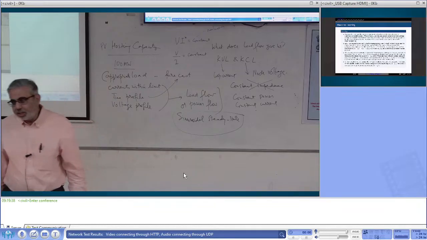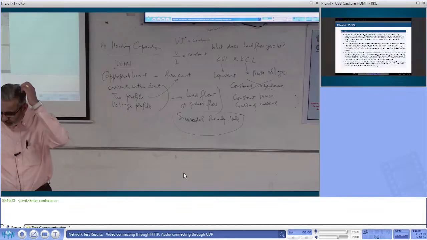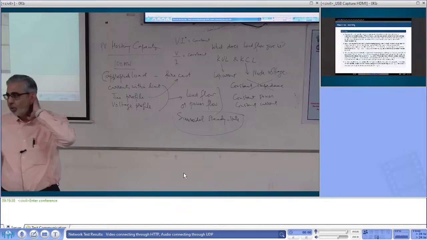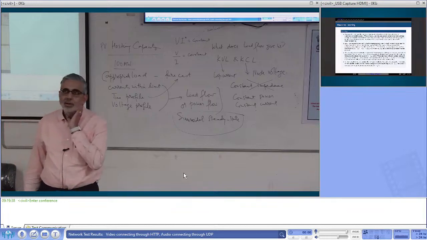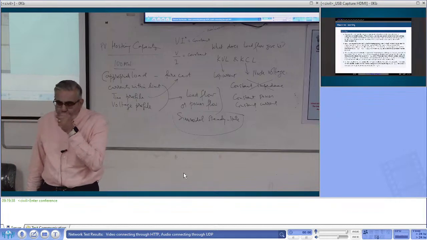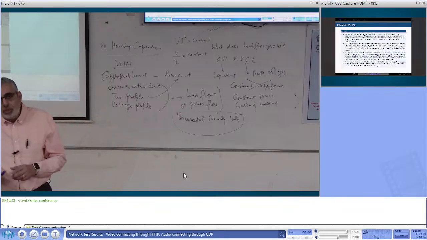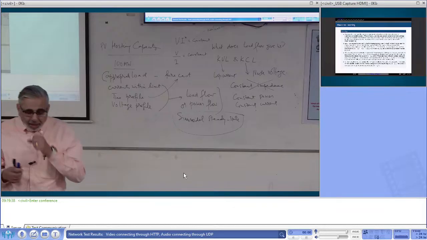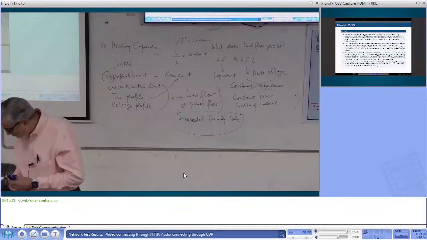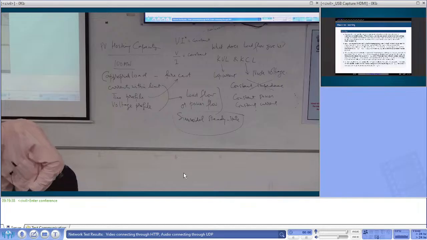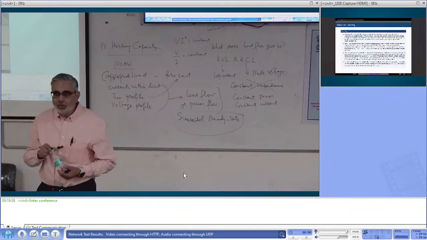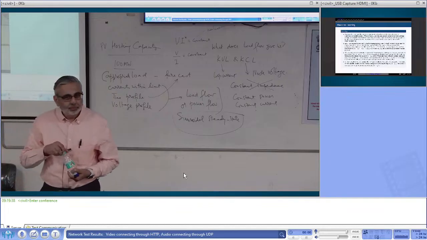And you make sure that this is right, etc., etc. To do that, you have to do a load flow, right? And to do it well, you have to do multiple load flows. Can you tell me, if I want to say that 100 megawatt is the hosting capacity, why do you think I need to do multiple load flows? Just one will not do.